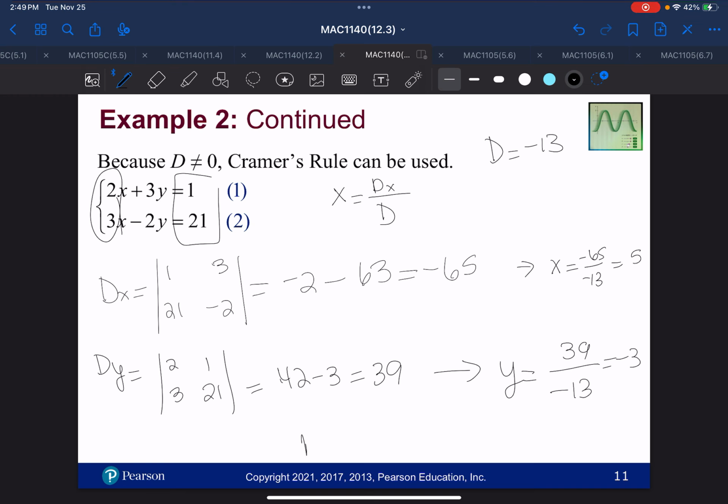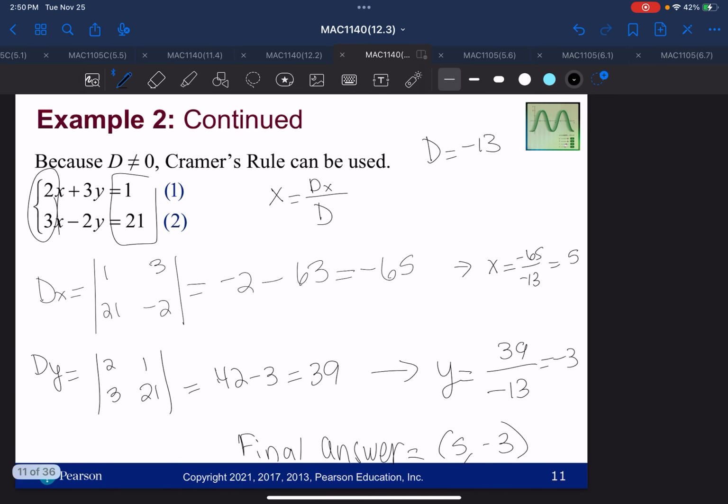So the final answer, which is an ordered pair, is equal to 5, negative 3. Okay, so this is a way we can use Cramer's rule to solve for a system with 2 variables and 2 equations.